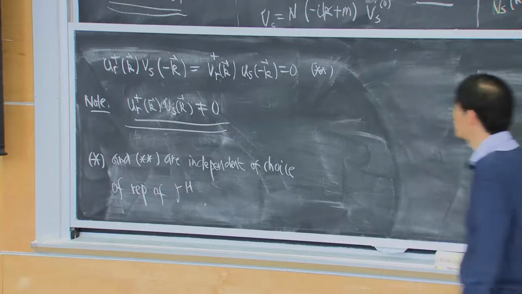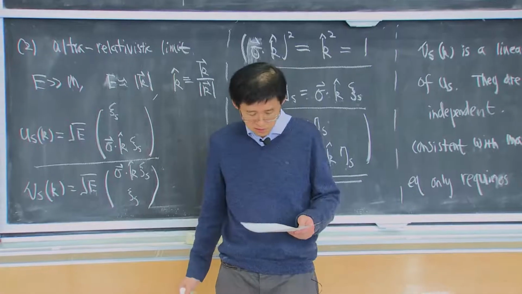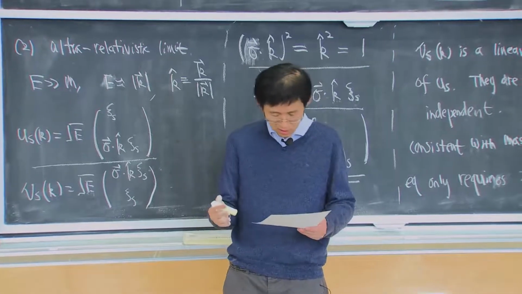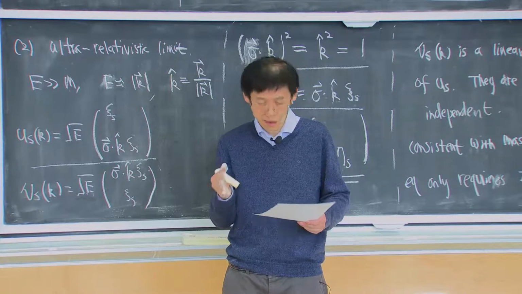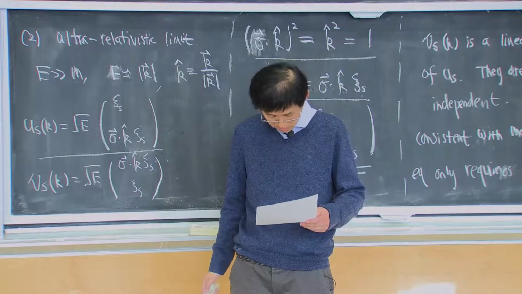So they're actually universal for any choice of gamma matrices. So this is very useful, okay? Because when you do calculations, you don't have to worry about which choice of gamma matrix you make, and those expressions are true.